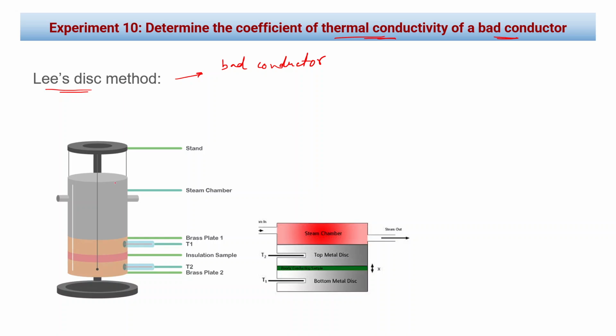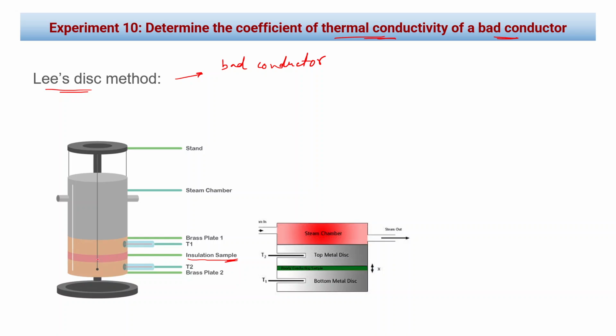So in this method, if you see the figure here, this is a stand. The disc that we see in pink color here is the insulating material that we are interested in, whose thermal conductivity we want to find out. As was shown by the professor in the lecture video, he had taken a rubber material in the form of a disc.